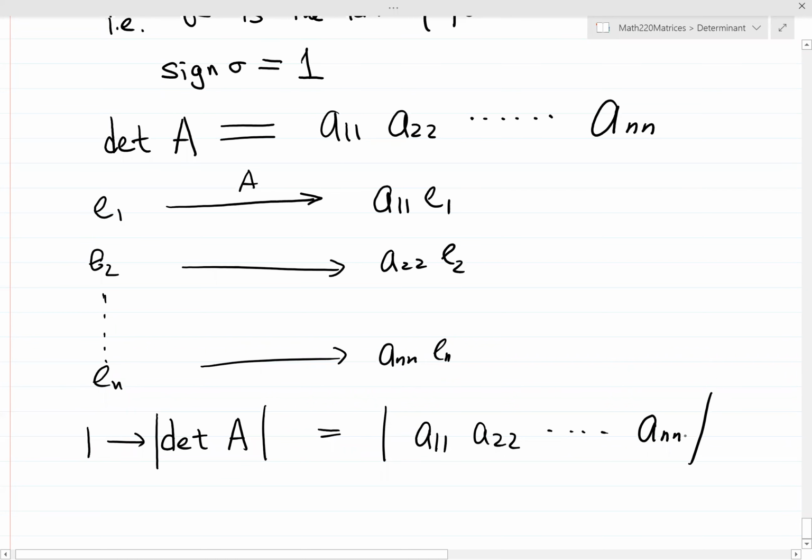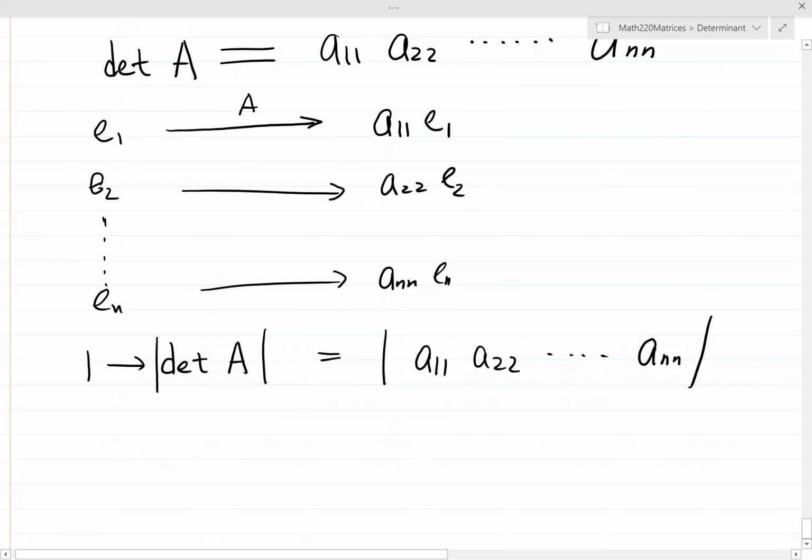So you see, the determinant tells us how the volume changes. The left side is the volume of the unit box. The right side is the volume of the image.